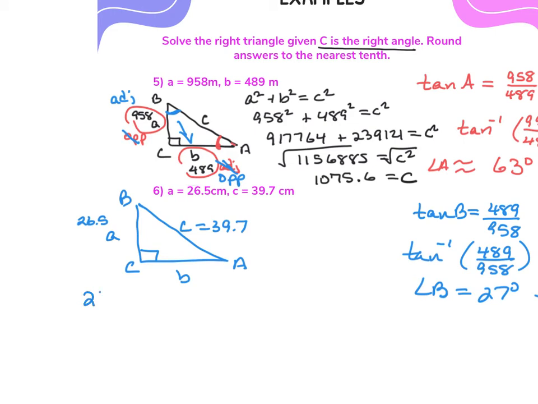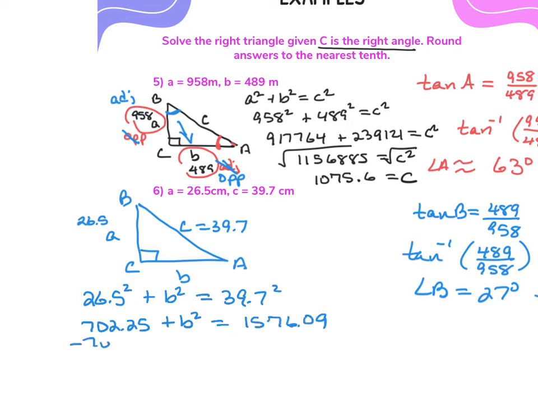So I'm going to do 26.5 squared plus b squared equals 39.7 squared. 702.25 plus b squared equals 1,576. Move the 702.